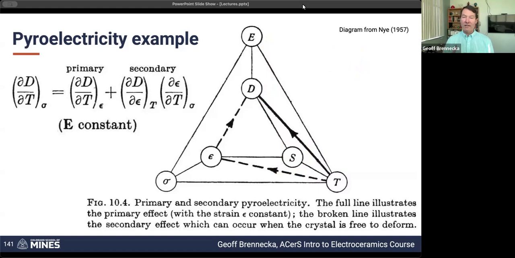So hopefully that terminology makes a little bit of sense. When we talk about free and clamped, we're really talking about free being 0 stress, clamped being 0 strain. Short circuit is going to be a constant field, which is 0. Open circuit is going to be constant polarization. Isothermal is when we're going to hold temperature constant. Isentropic is constant entropy. That's really hard.